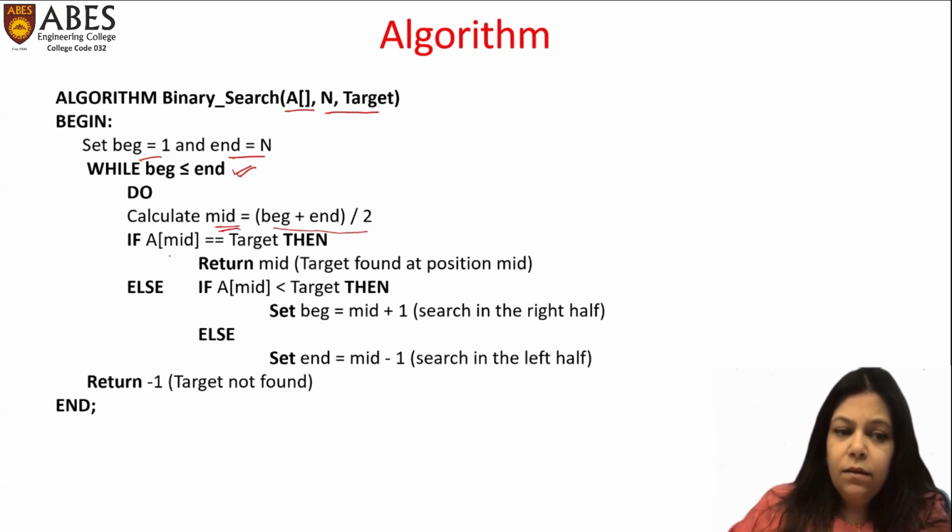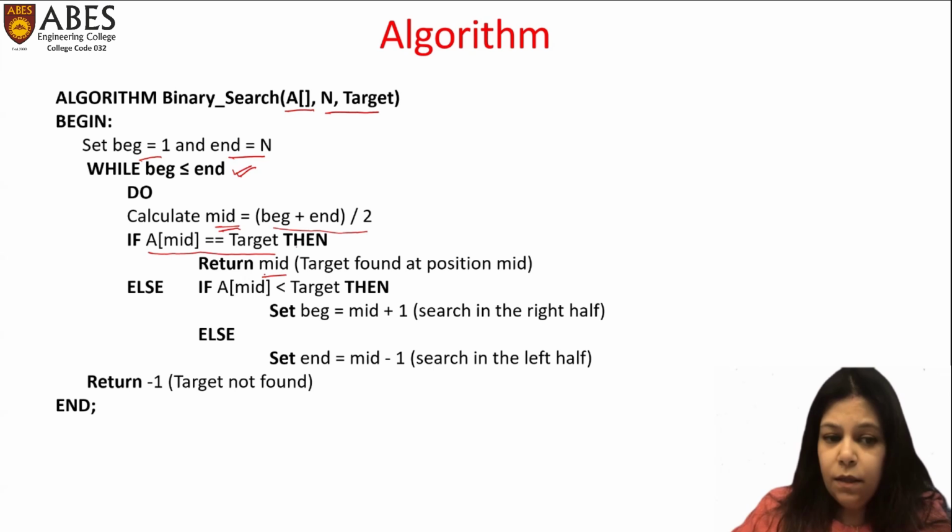And then there will be 3 conditions. The first condition is where we have to check whether the element at the middle index is equal to target. If it is equal to target, then we have to return mid. This means the search is successful and we have to return. Otherwise, we have to check whether the value stored at the middle index is less than target.